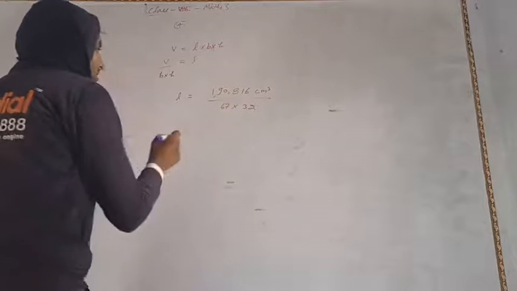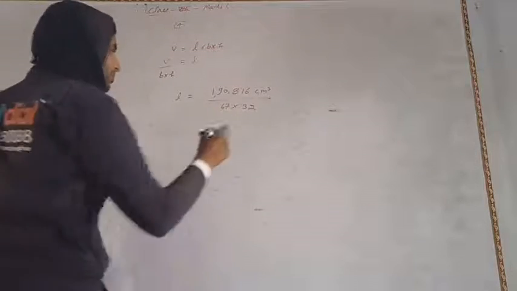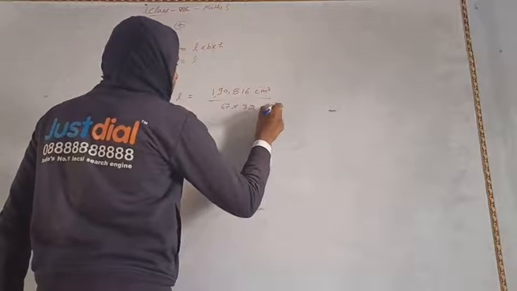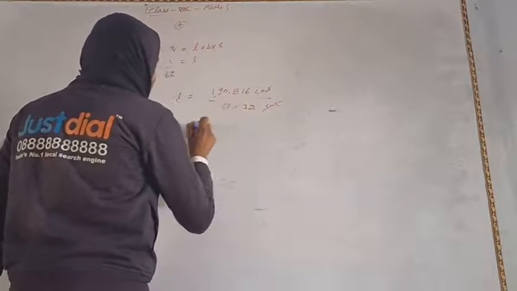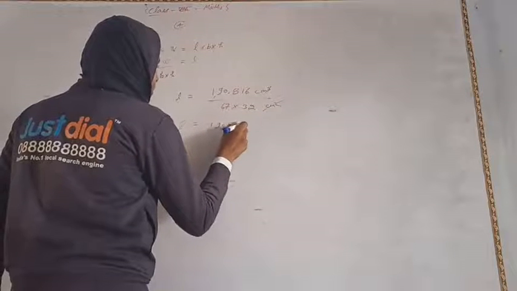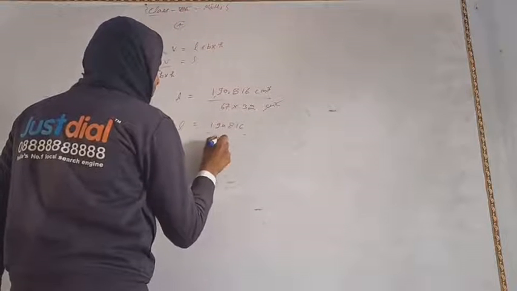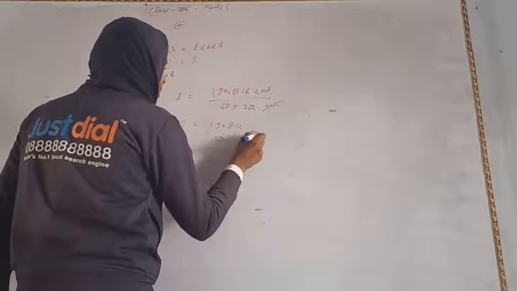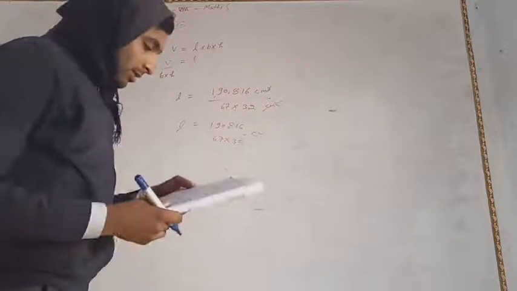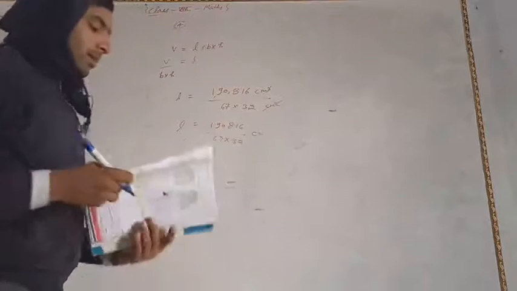You have to divide this by this. Centimeter into centimeter is equal to centimeter square. The centimeter square you cancel. Here you find L is equal to 190,816 upon 67 into 32 in centimeter. Okay, so you have to divide this and solve this, and you will find your answer.